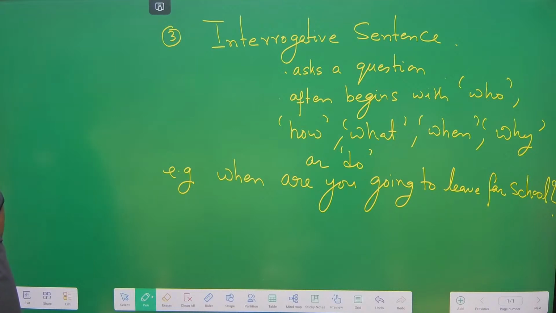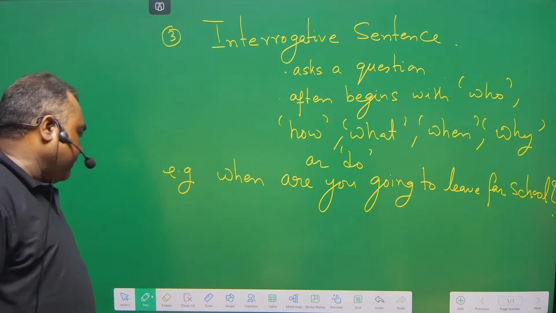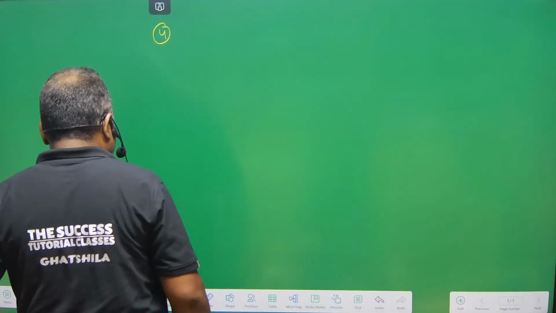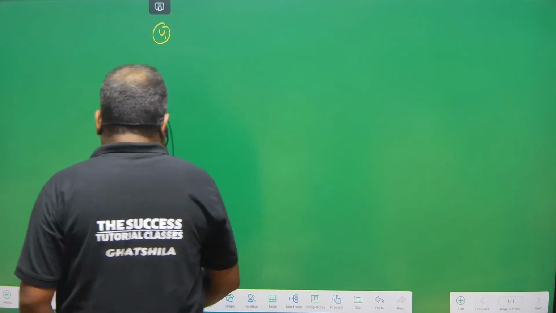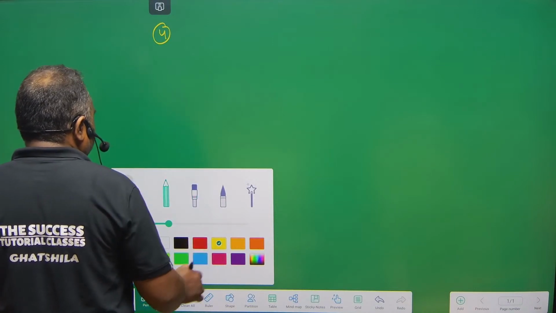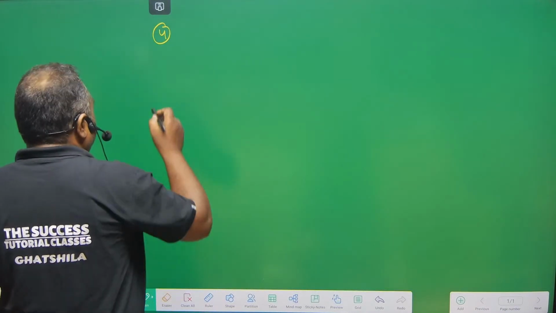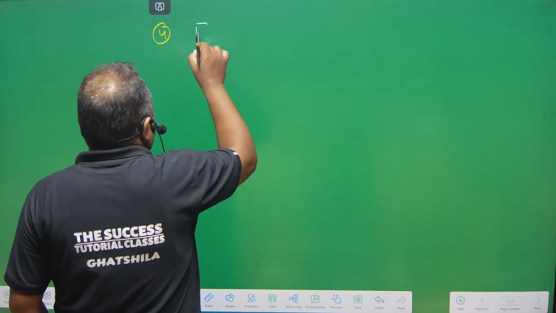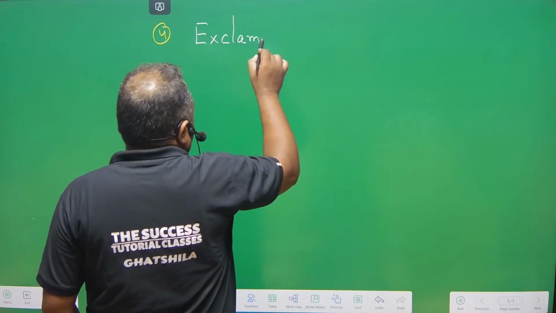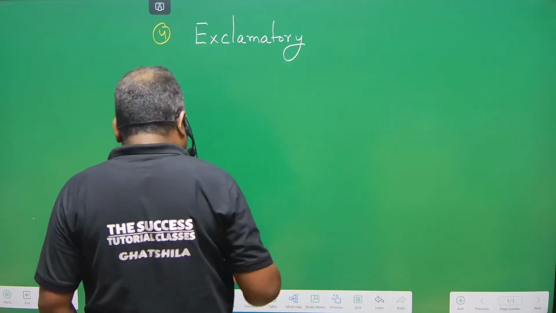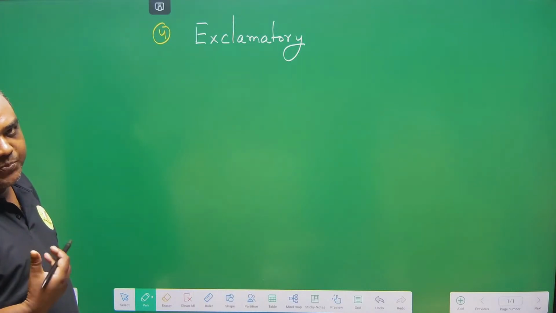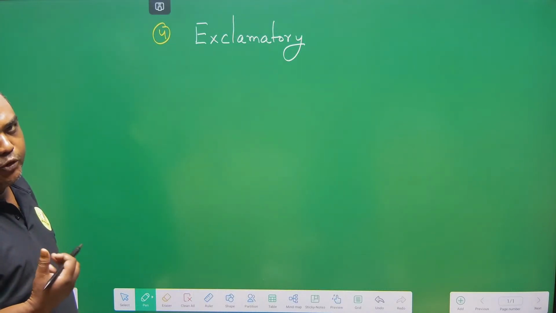So next one is exclamatory sentence. Fourth one is exclamatory sentences. So with the help of exclamatory sentences, we just express our deep feelings, emotions.